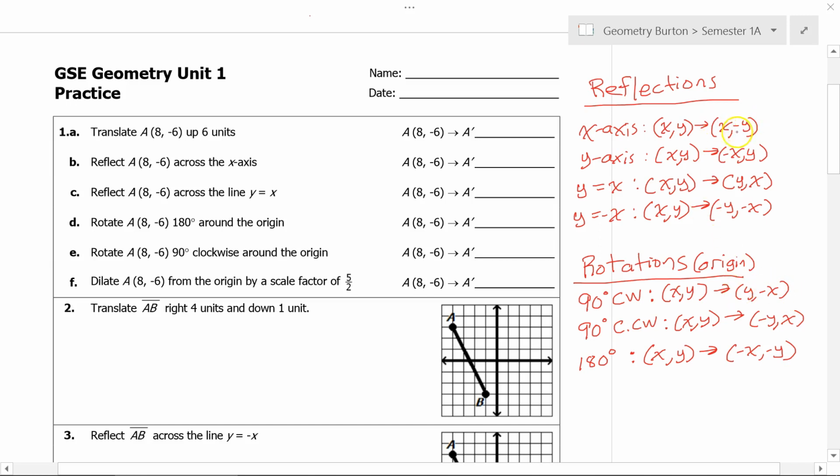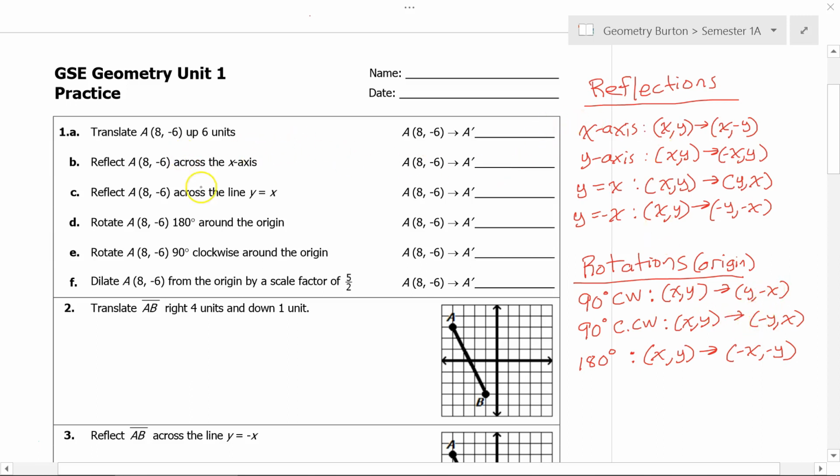Notice that every time I put this little negative sign into the rule, I don't say negative x and I don't say negative y. Instead, I say opposite of x or opposite of y, because that's really what happens. This little negative sign just means that the sign is going to change. It does not mean that the answer is going to be a negative number.